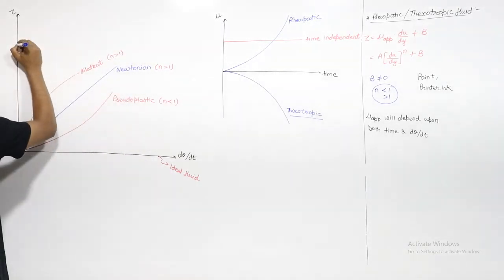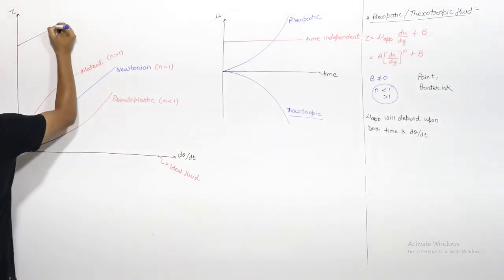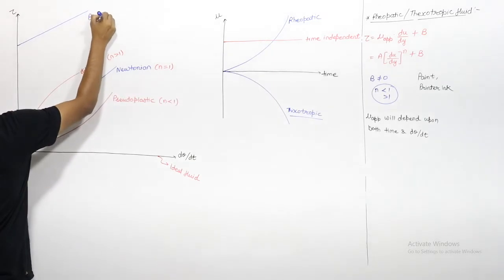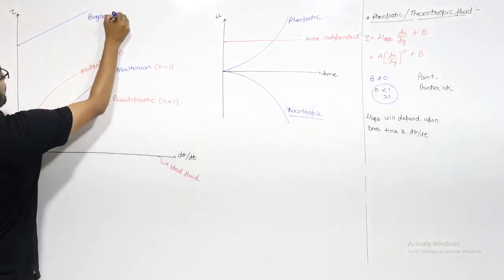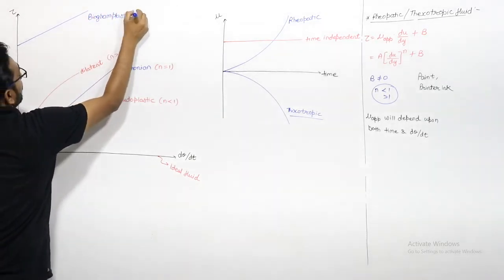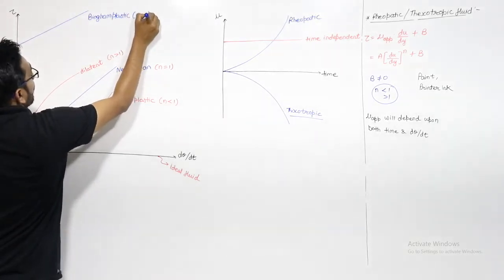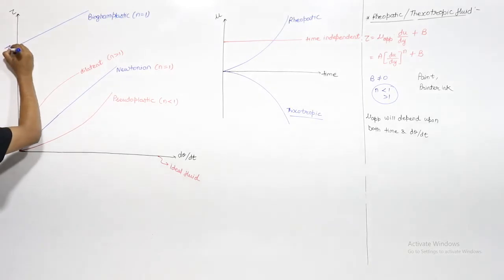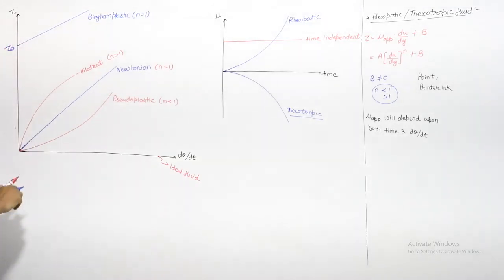This is Bingham plastic, in which n value is 1 and this is tau naught or b.